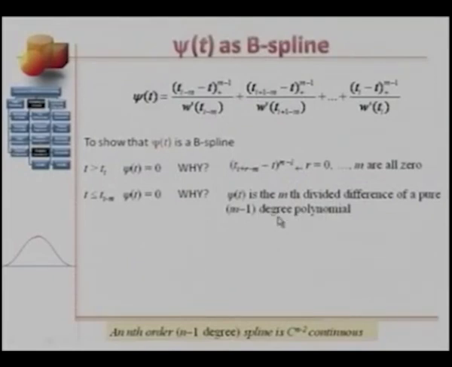We have seen this before, and I'll discuss an example through which you can see this again. So we have figured that psi is 0 for t greater than ti, which is this range here, and psi is 0 for t smaller than or equal to ti minus m, which is the range to the left here.